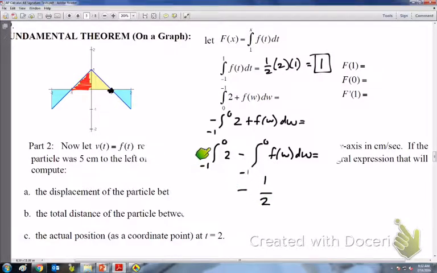For the constant, it's like a rectangle function, so it has a height of 2, and the base is 1, because the length from negative 1 to 0 is 1. If I draw it out, it's up here at a height of 2, going from negative 1 to 0. So at a height of 2 and a base of 1, that gives me an area of 2 for that rectangle. So this is minus 2. Essentially I have negative 2 minus 1/2, that's negative 2.5.